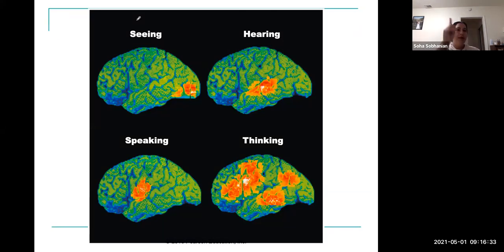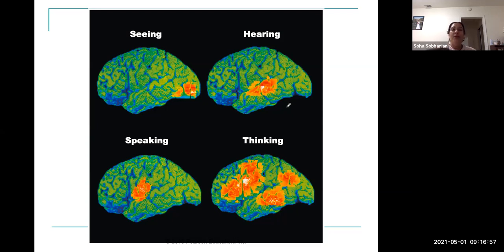Here's the thing though. Just because the occipital lobe is super active, it doesn't mean the rest of the brain is silenced. You're still going to involve the rest of the brain to help you with processing the data. However, the majority of the data is going to be processed and handled by the occipital lobe.